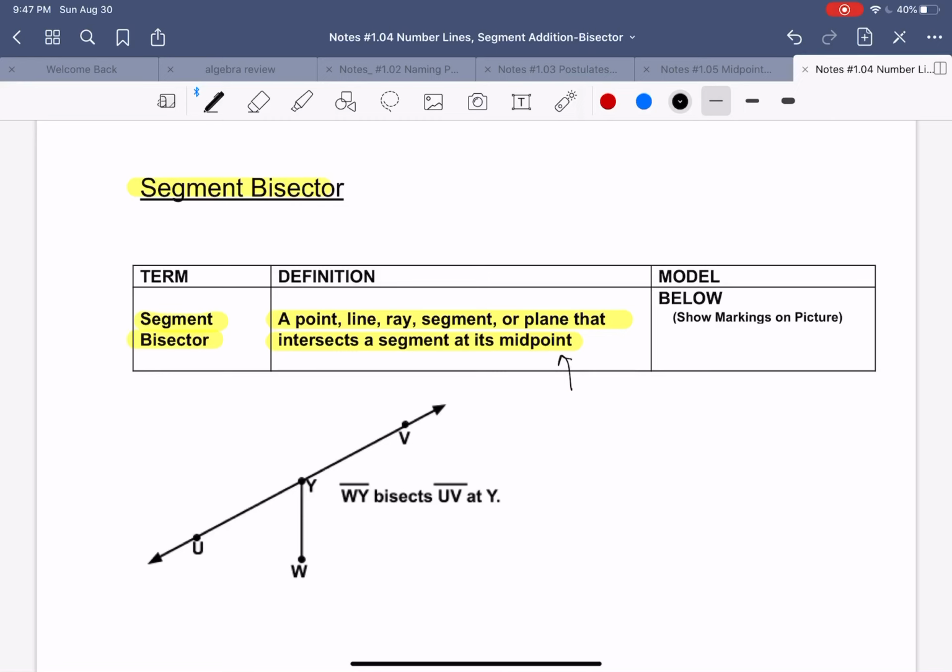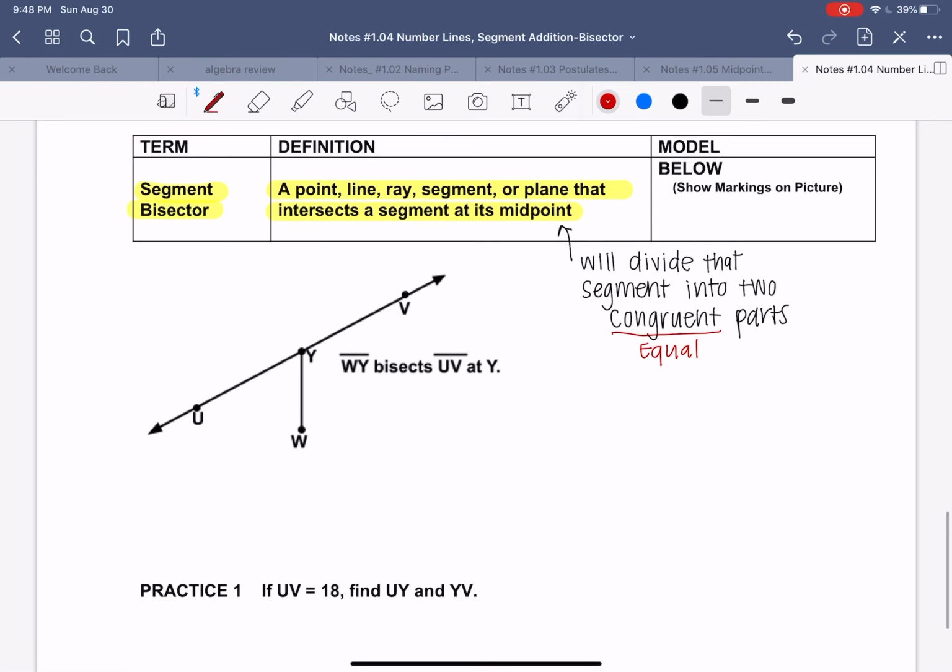So when it intersects a segment at its midpoint, that means that it will divide that segment into two congruent parts. So congruent, all congruent means is equal. Okay, equal parts.